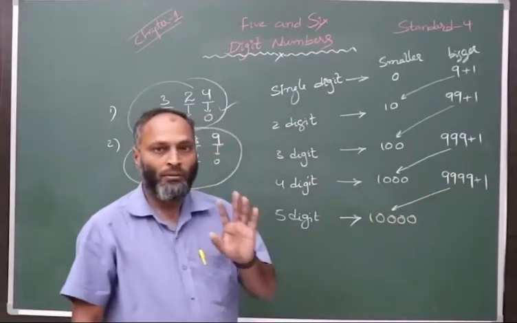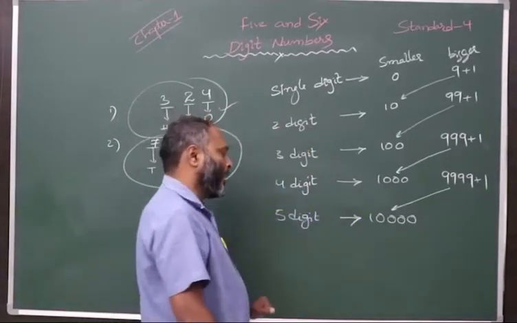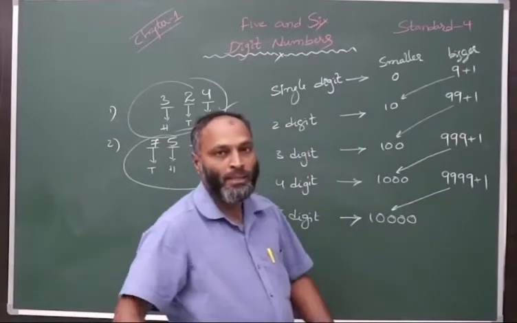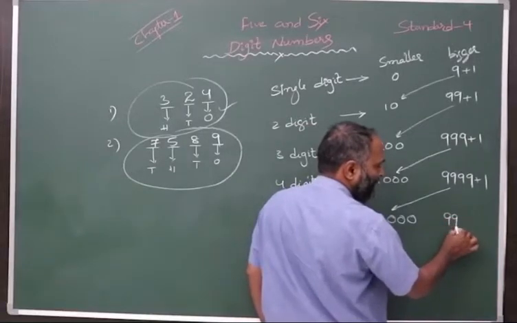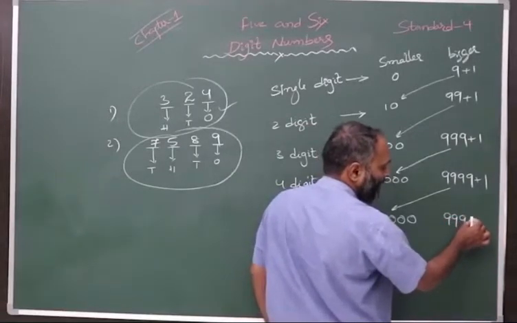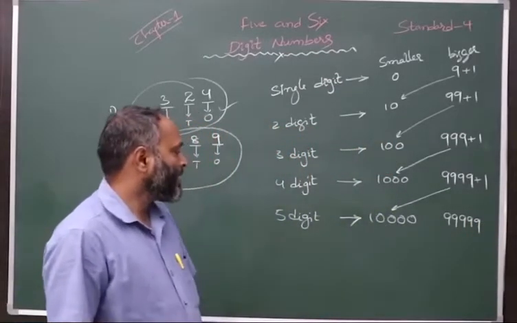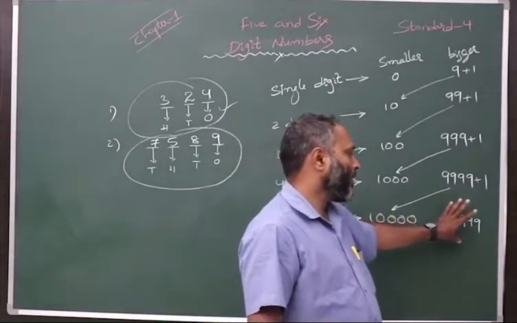That is the 5 digit smaller number. Next, the 5 digit bigger number, that means the larger number, is 99,999. These two are the 5 digit smaller number and larger number.